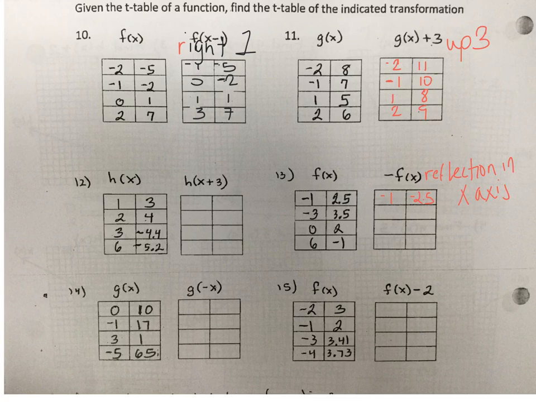And then -3, -3.5. Right? Because when we reflected it in the x-axis, we went from positive y values to negative y values, from negative y values up to positive y values. And the x's stayed the same.